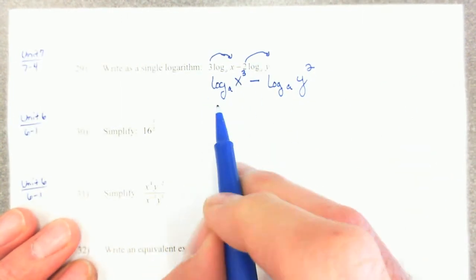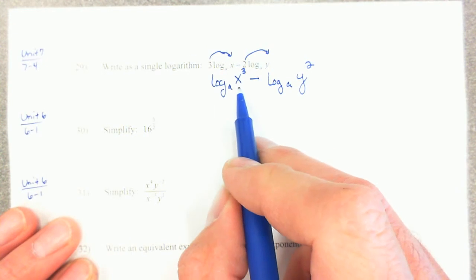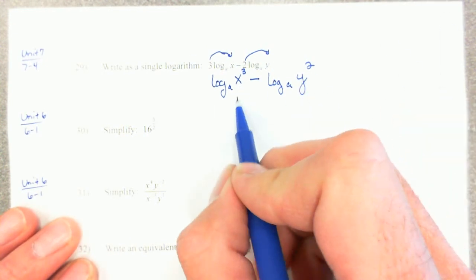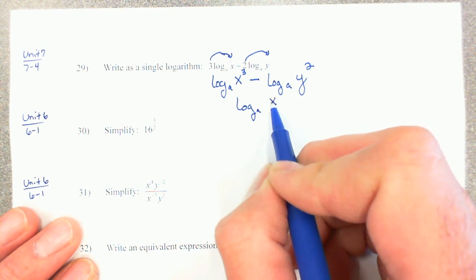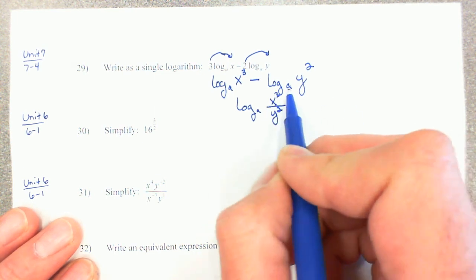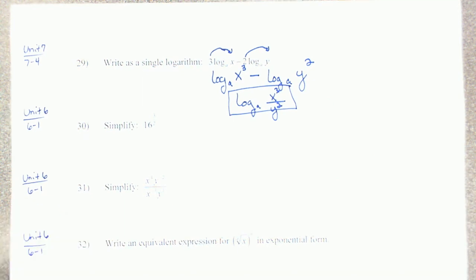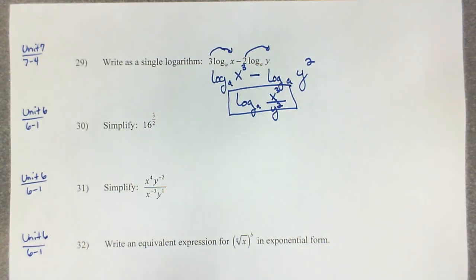Now that we just have logs, now we can use the subtraction rule. When you subtract two logs, you take the two values and you divide. So this is log base a of x to the third over y squared. So then there is your final answer there. Okay? So that does it for logs for right now.